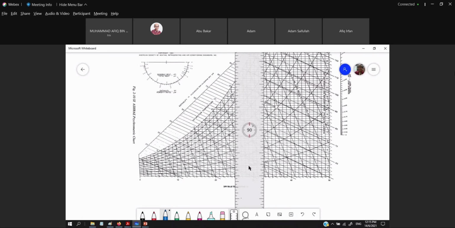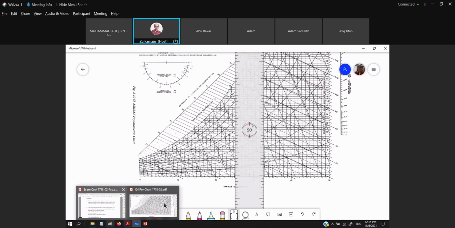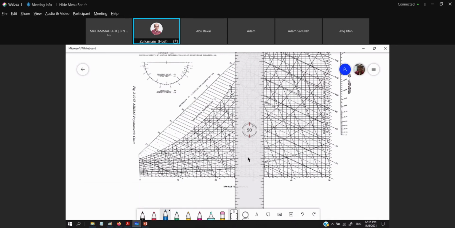You see, guys, I have a very straight ruler, but it seems this diagram is skewed. It is not really vertical. But this is the diagram that we are going to use during the exam now. I need to tell Mr. Kamal that the diagram given to us is not well scaled.